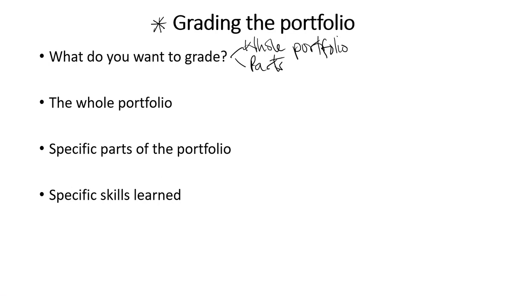If you are grading parts, which specific parts are you going to grade? This is the information that you need to know at the beginning. You don't want to be doing that on the way. You need to know it at the beginning. This is exactly what I'm going to grade from the portfolio activities. Is it a specific skill or specific skills that I want my students to learn?